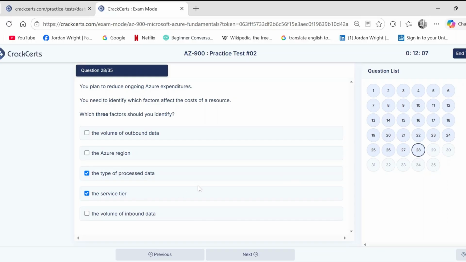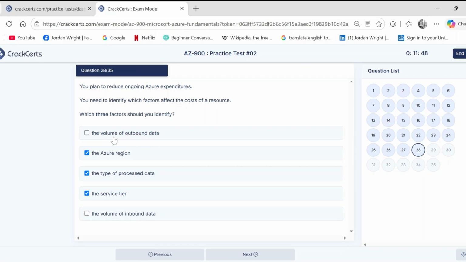Is it the region? What do you think, guys? I agree. Actually, you have to replace one of them. The type of data doesn't matter, but outbound data does matter.